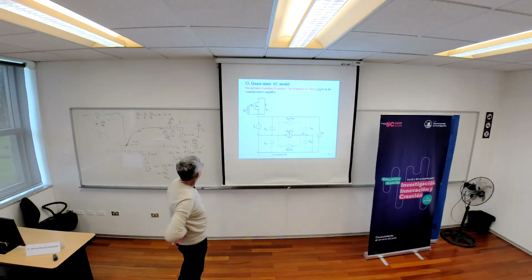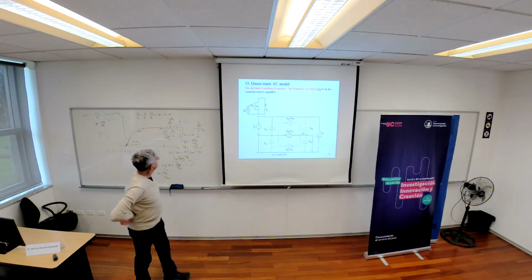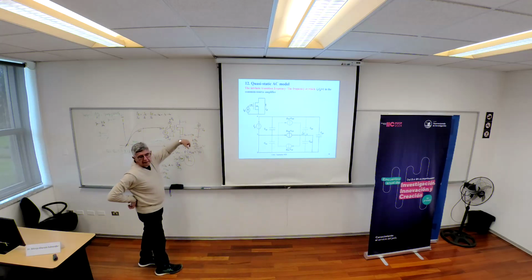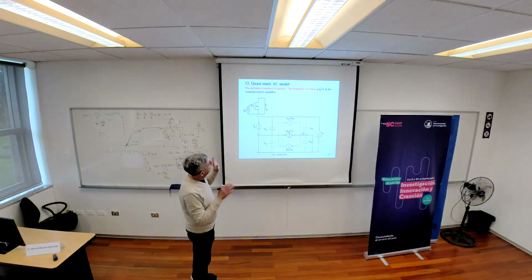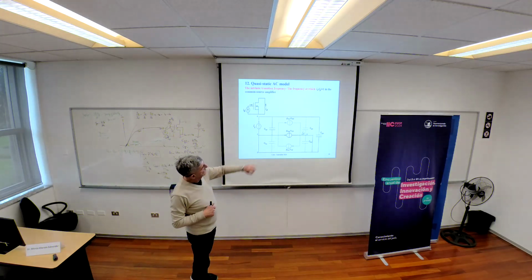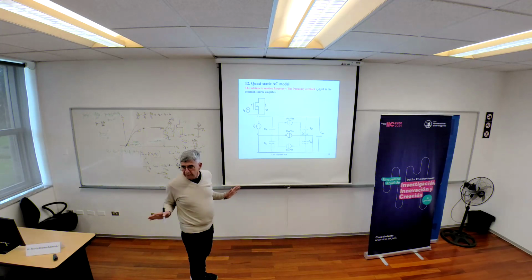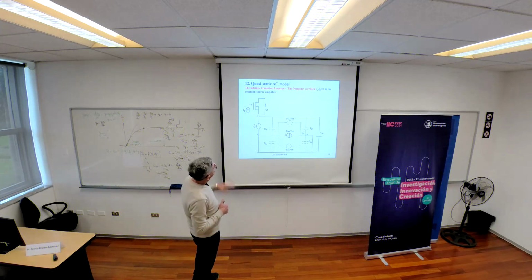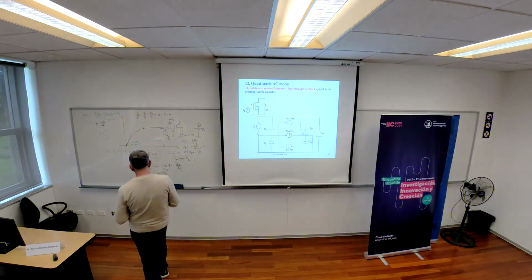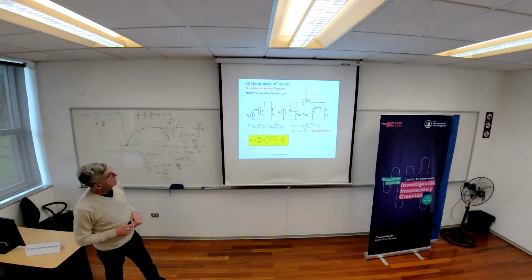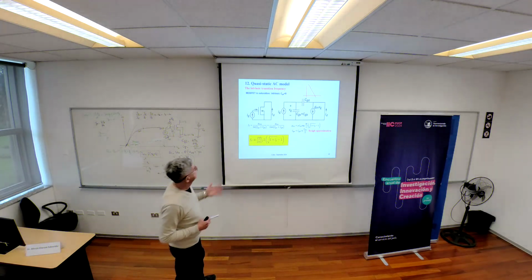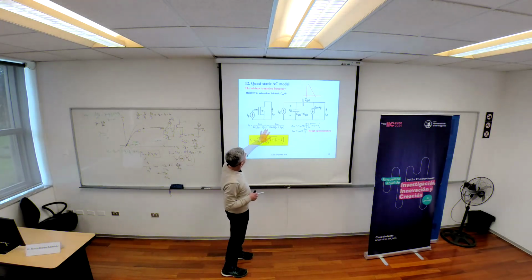CBD. Bulk to drain. Oh, drain is connected to ground. The bulk is connected to ground as well. So you have a lot of components which are useless in this configuration. So if you analyze this circuit, you have a response such as this one.